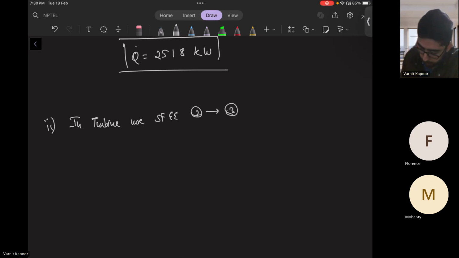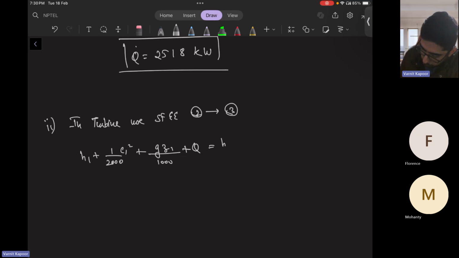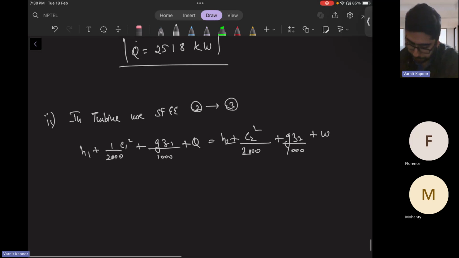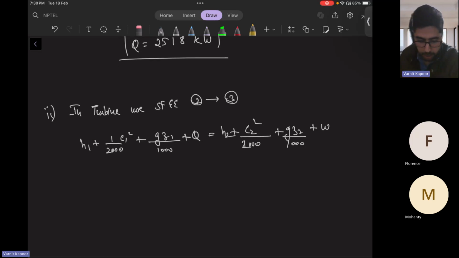Again H1 plus C1 square by 2000 plus GZ1 by 1000 plus heat is equal to H2 plus C2 square by 2000 plus GZ2 by 1000 plus work.